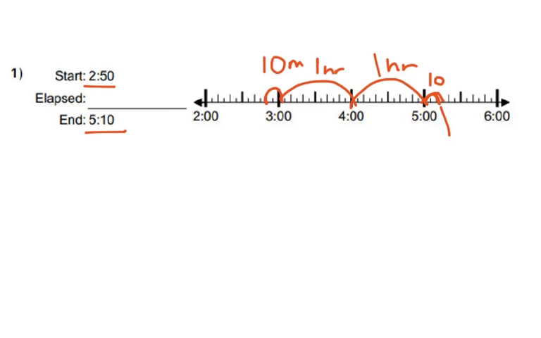That would represent 5:10, and that's a 10-minute jump. So how far was this jump? I had 1 hour, 2 hours, and 20 minutes. So 2 hours and 20 minutes.